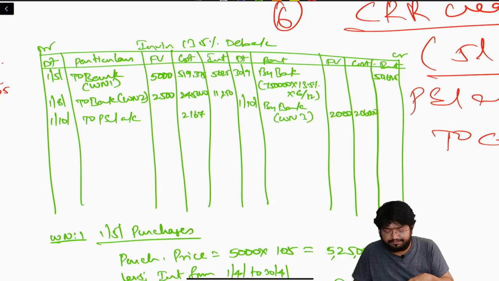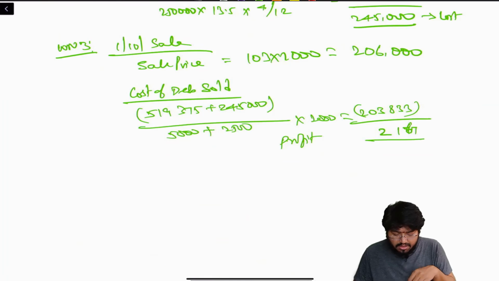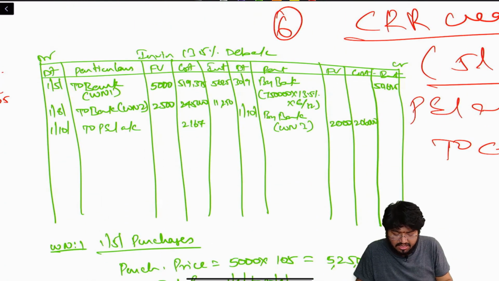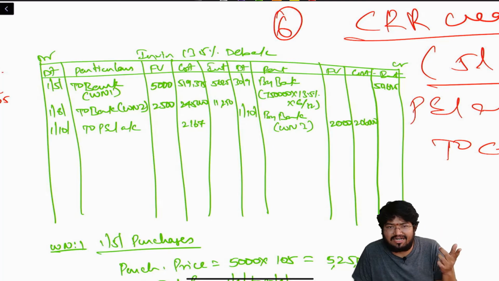Now fairly speaking, all transactions we have recorded, but there is one inherent transaction. What is that inherent transaction? This company for which we are accounting is maintaining books of accounts based on 1st January and 31st December. But the company in which I invested is paying me interest on 30th September and 31st March every year.